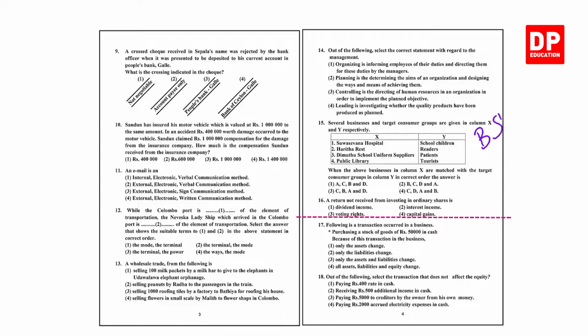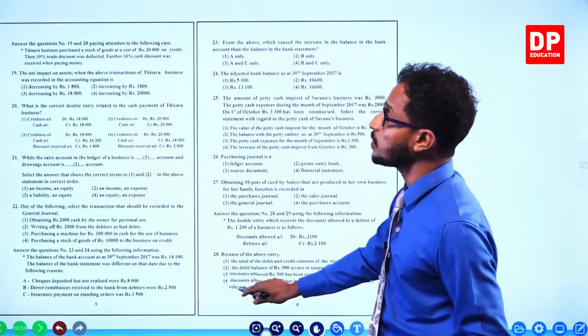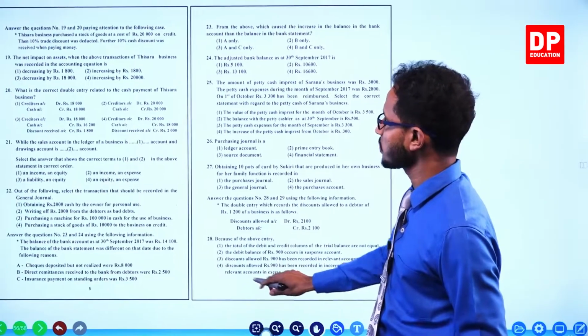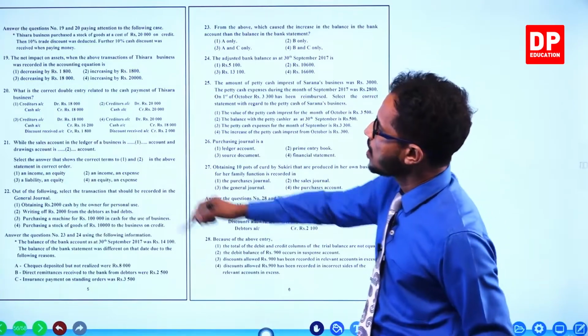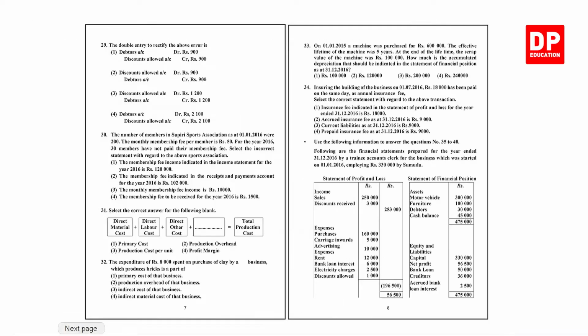From 17 onwards, it's accounting. So from the 17th question, 18, 19, 20, it goes on until 40.